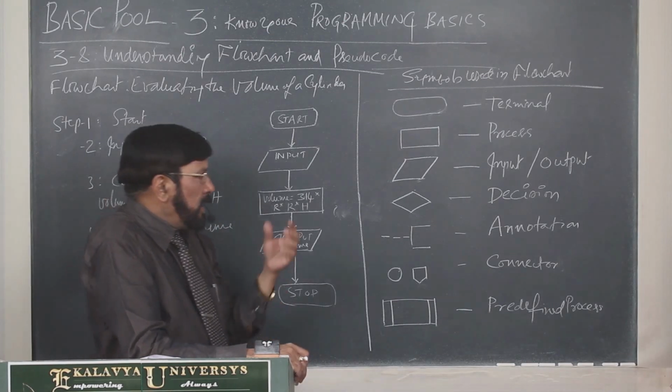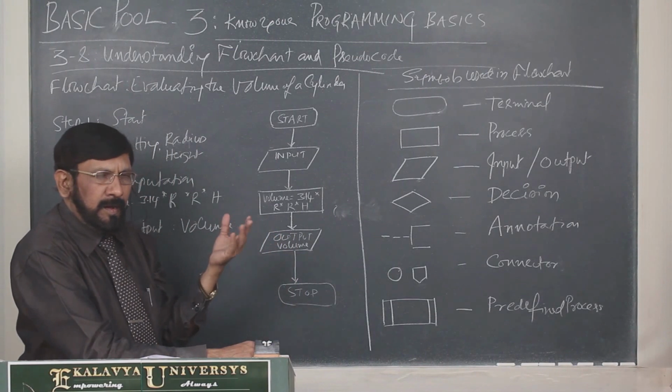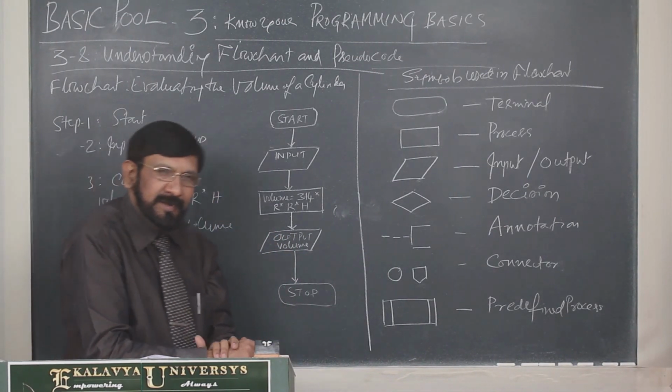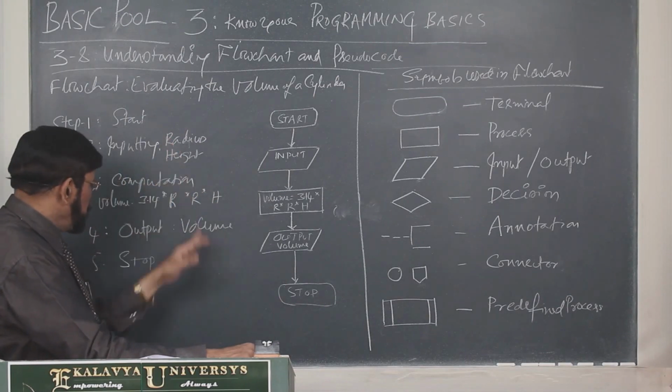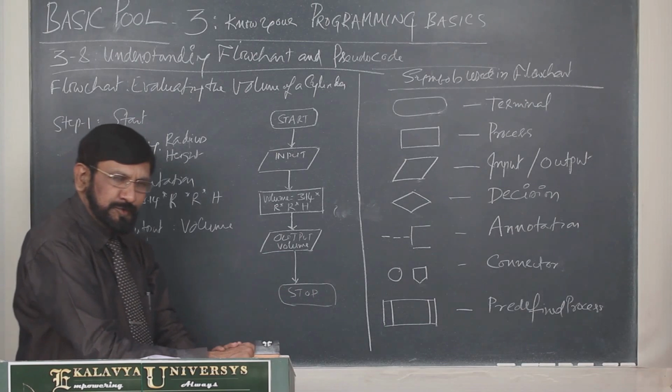Now, I am taking up, for example, the same issue of calculating the volume of a cylinder, and here I show you the steps. Thereafter, the corresponding flowchart also I show you.